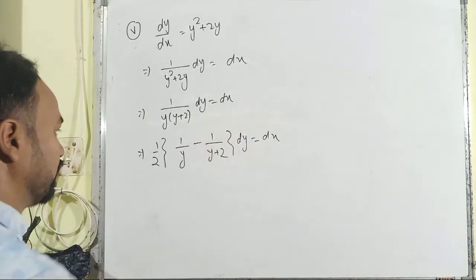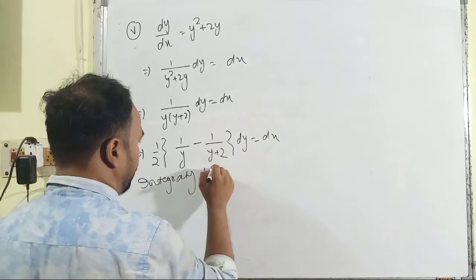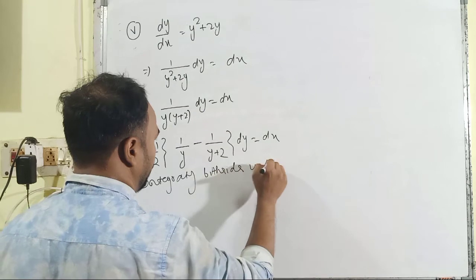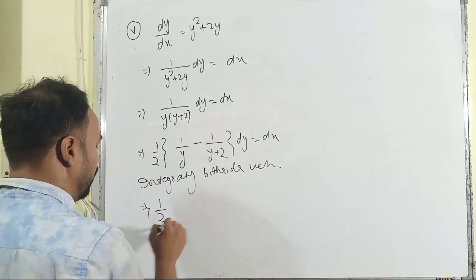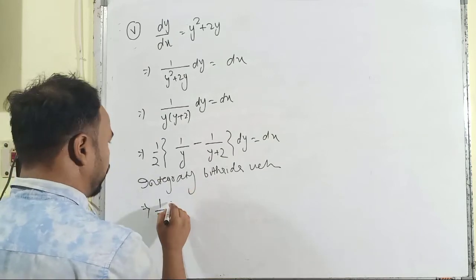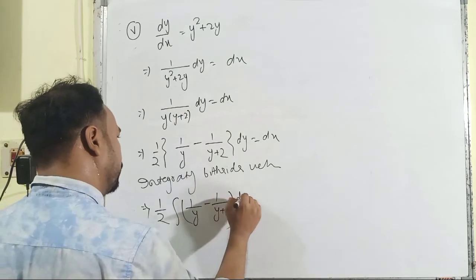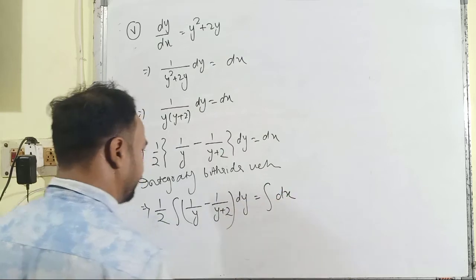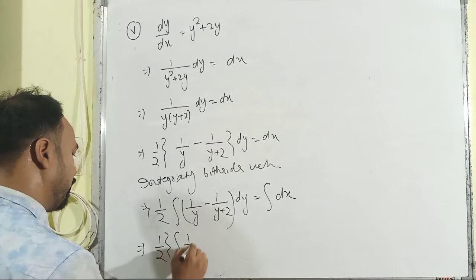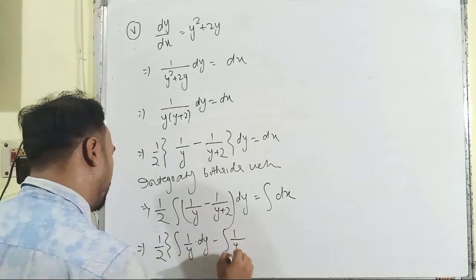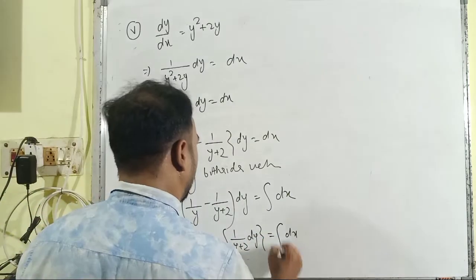And then we have to integrate this. Integrating both sides, we have 1 upon 2, as it is a constant, so it will be outside of the integration process. Now it becomes 1 upon 2, integrating 1 upon y dy minus integrating 1 upon y plus 2 with respect to again y, then it is integral of dx.